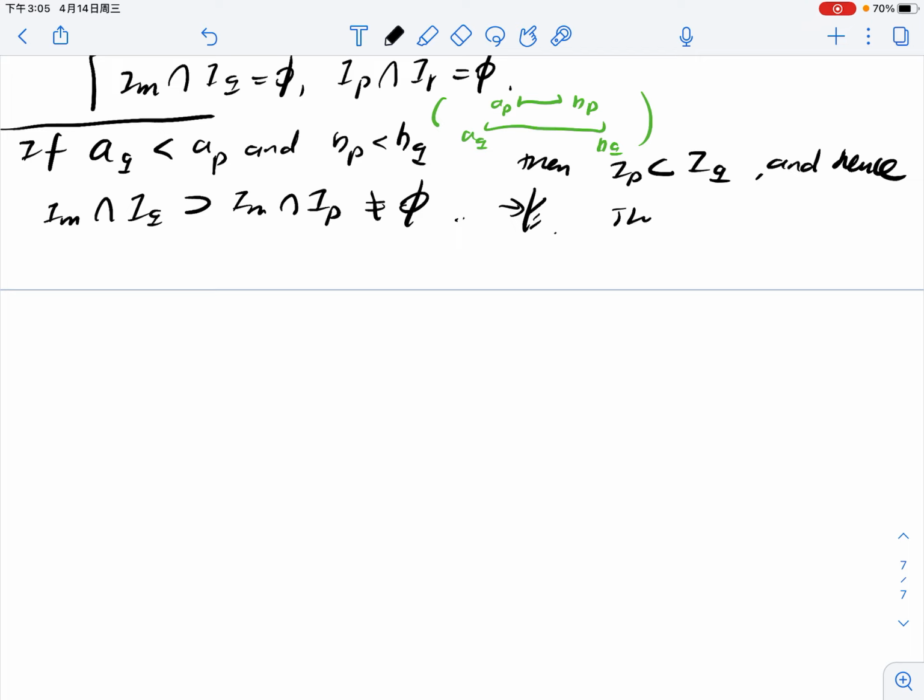Then either AP less than or equal to AQ, or BQ less than or equal to BP.